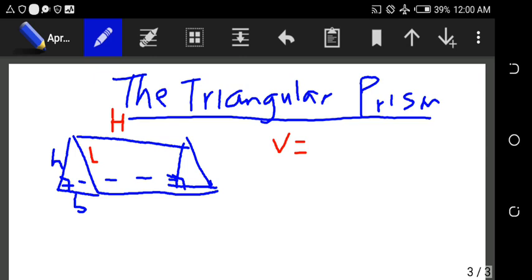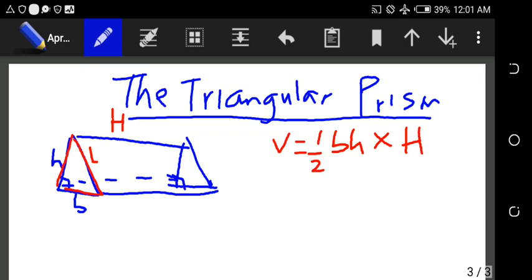So the volume of this particular prism is half base times height, that's just the area of the triangular base, then times the height. And of course the height of this prism is the capital letter H. Alright, so this becomes the formula for the volume of a triangular prism.